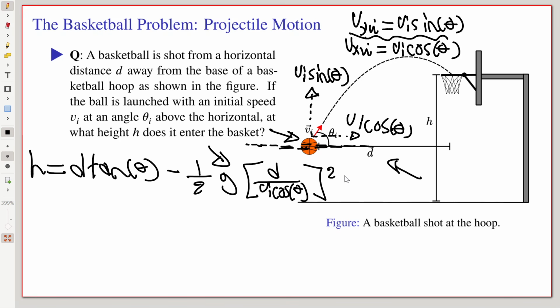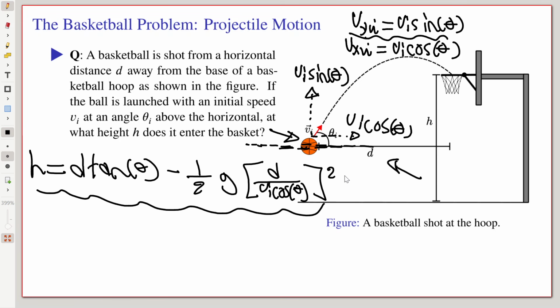But for short distances, it will work. Another condition is that air resistance is neglected. After all of these conditions are met, this equation works nicely. So this is the trajectory equation.